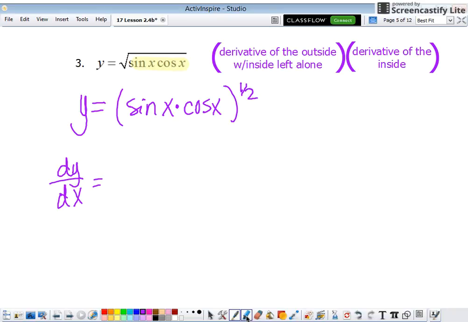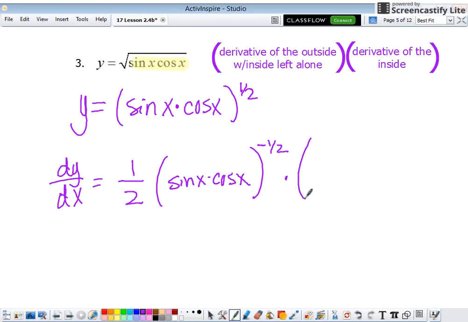Okay, derivative of the outside with the inside left alone. So the derivative of the outside is going to look like this. With the inside left alone is going to look like that. Okay, but now I have to multiply by the derivative of the inside. Okay, that's where this gets tricky. The derivative of the inside is actually going to require use of the product rule because the inside has two things multiplied together. Okay, I need parentheses over here.